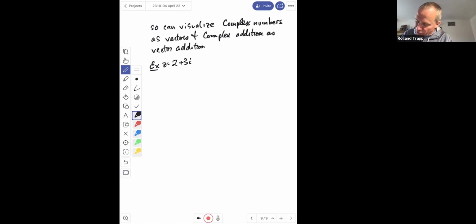If z equals 2 plus 3i, I can visualize that in R2 as the vector that goes 2 units horizontally and 3 units vertically. And so that's my complex number z. That's how I can visualize it.